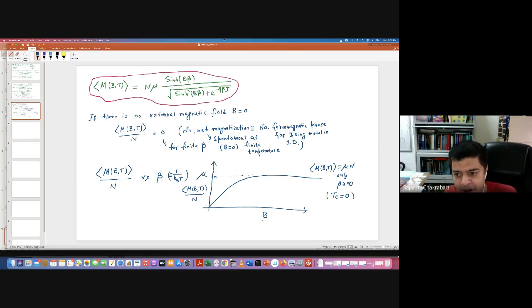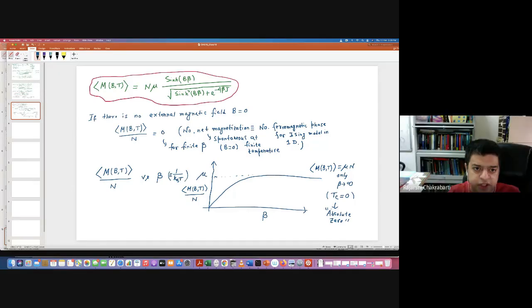So you go from paramagnetic to ferromagnetic only when you go to absolute 0. So that's why I'm saying that in the one-dimensional Ising model there is no phase transition at finite temperature. There is a phase transition at zero temperature, but people don't call it a phase transition. People say that in 1D there is no phase transition. Is this clear?